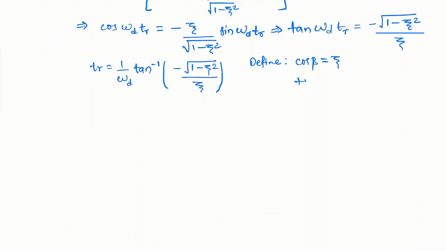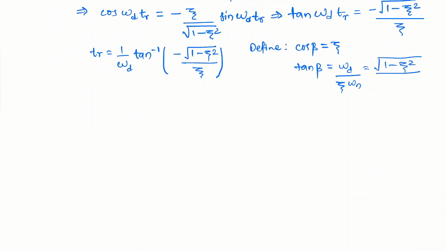Then tan beta would be defined as omega d over zeta omega n, which is essentially under root of 1 minus zeta square upon zeta.